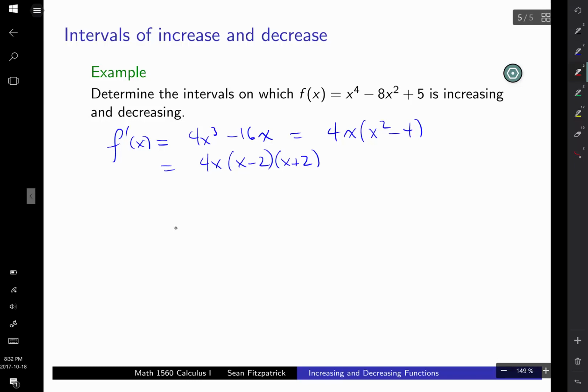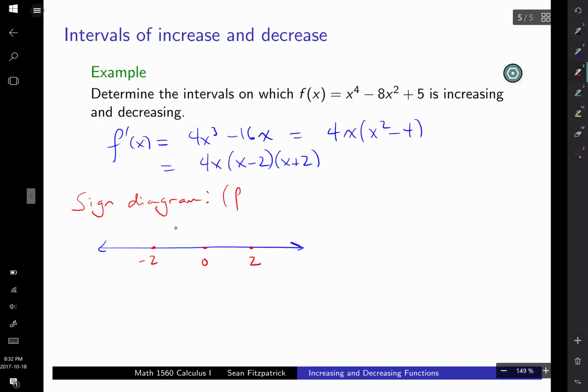And what do we do now? Well, you might be able to guess what's coming. We look for a sign diagram. We want to know where our function is positive and where it is negative. So we draw our number line and we mark off our zeros: minus 2, 0, 2.